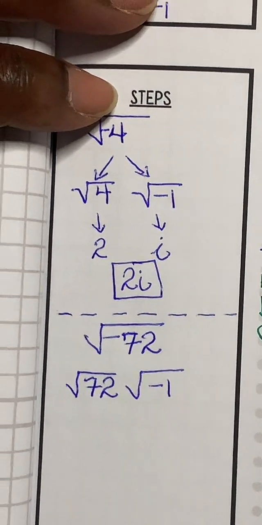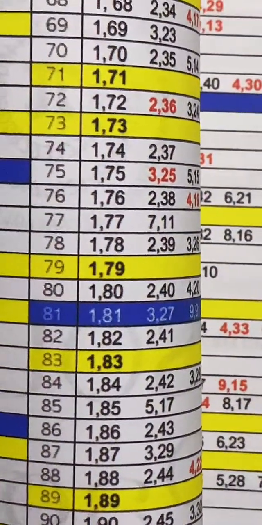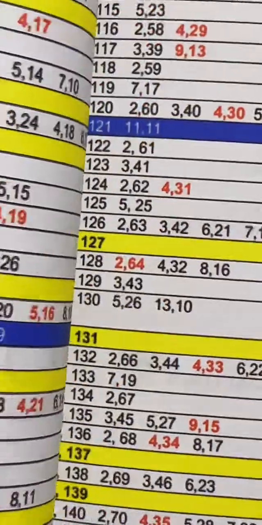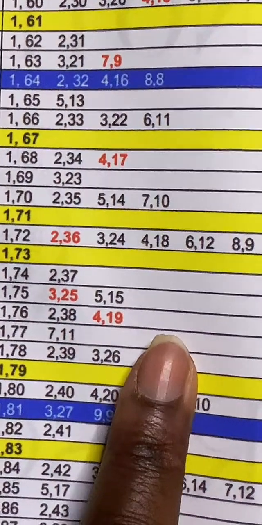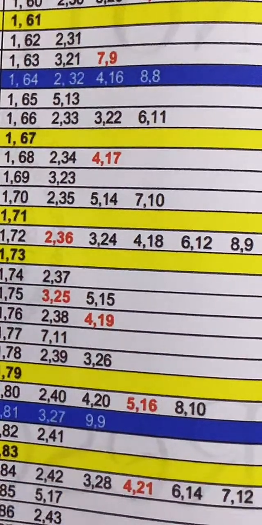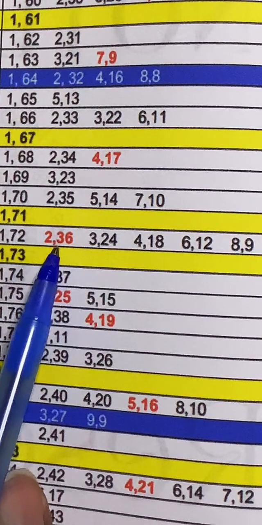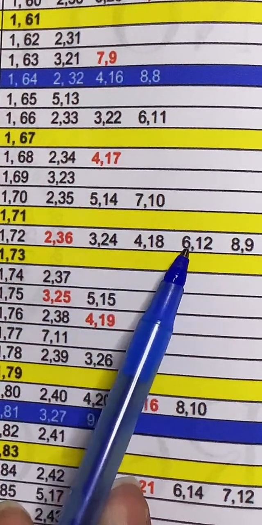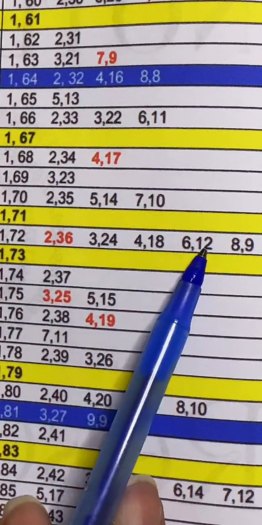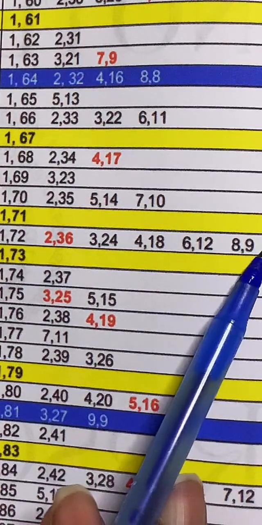So if we're not sure, here we go. My handy dandy list. So we're looking at 72. So we have 1 and 72, 2 and 36, 3 and 24, 4 and 18, 6 and 12, and 8 and 9.